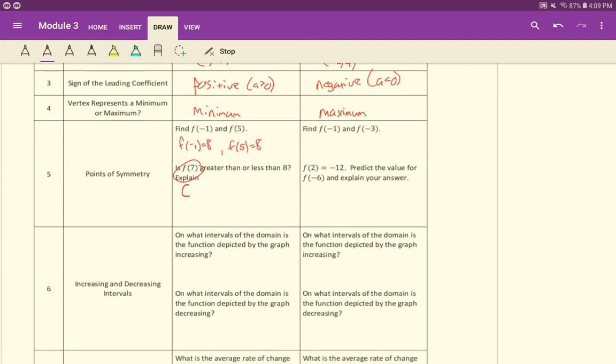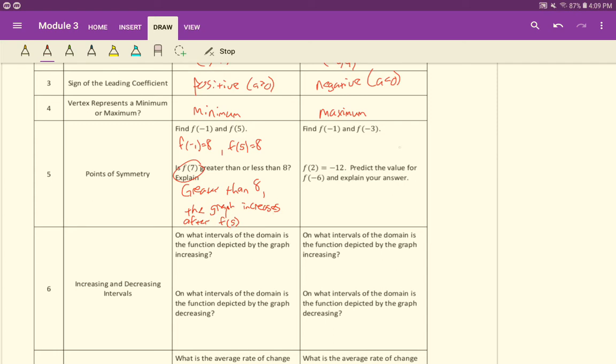Greater than 8. The graph increases after f(5).